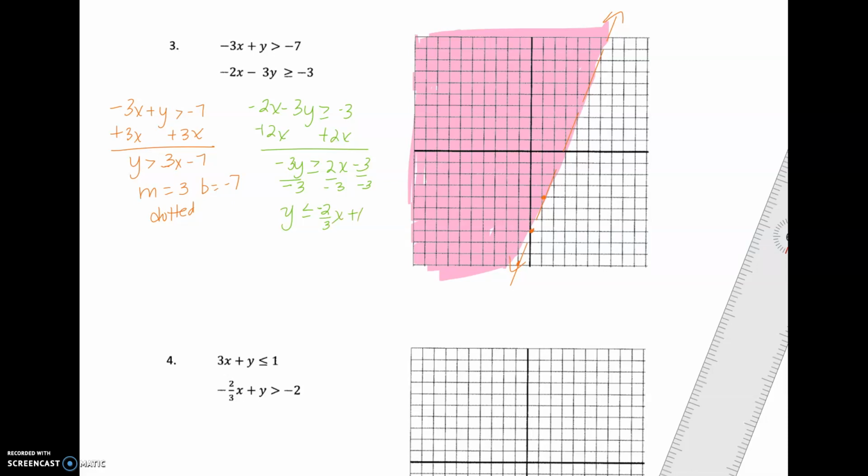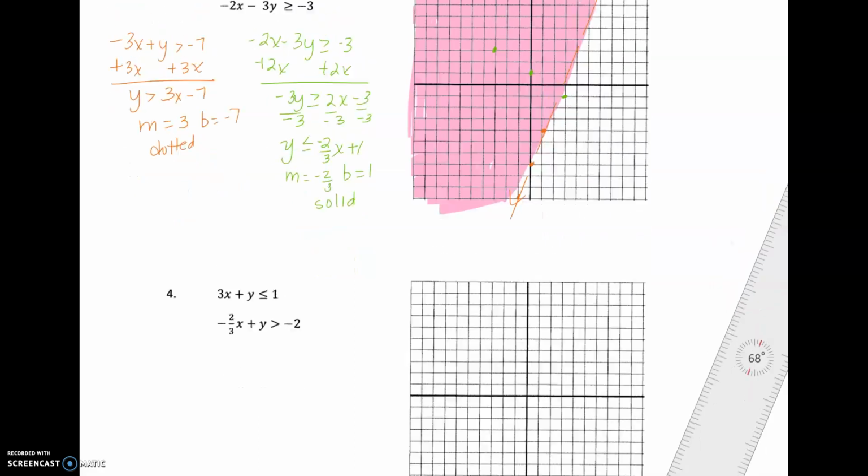All right, so I have a slope of negative 2 over 3, an intercept of 1, and I'm going to have a solid line. So I'm starting at 1. I go up 1 from the origin, then I go down 2, over 3, up 2, over 3.